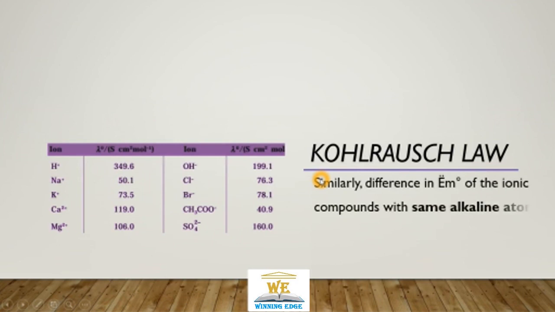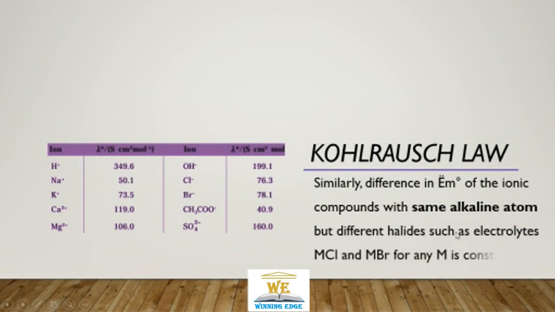Similarly, the difference in the limiting molar conductivity of ionic compounds with the same alkaline atom but different halides, such as electrolytes MCl and MBr, for any M is constant. That's what we saw.